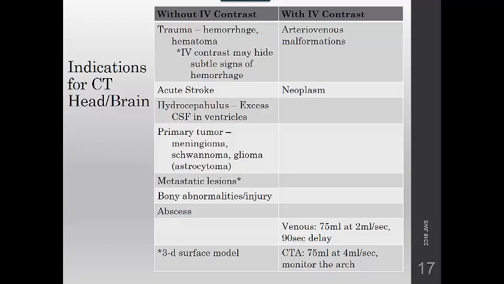Hydrocephalus, which is excess CSF in the ventricles, can cause them to swell and affect the patient dramatically. Primary tumors, these can be meningiomas, schwannomas, and gliomas, or astrocytomas, sometimes called gliomas as well.